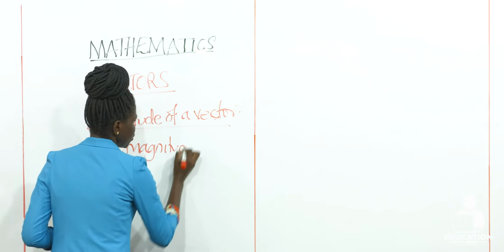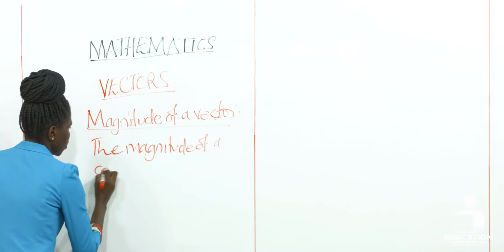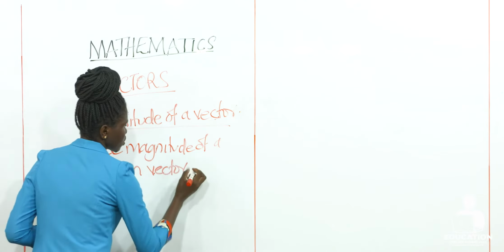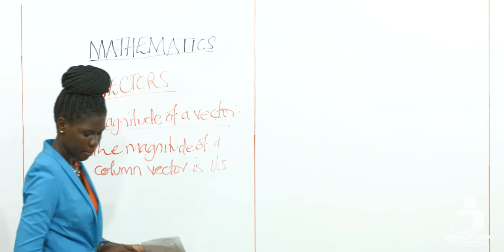The magnitude of a column vector is its length.